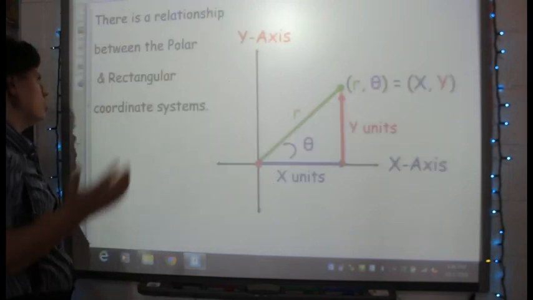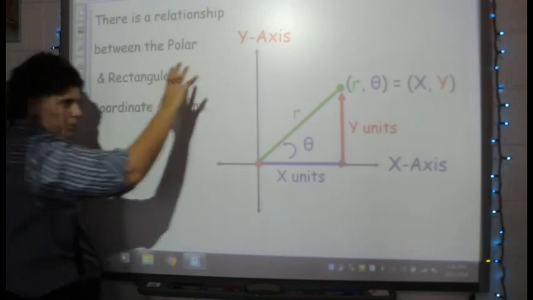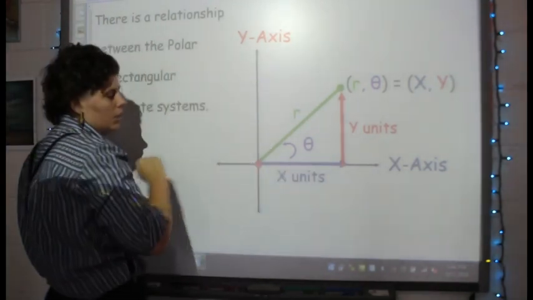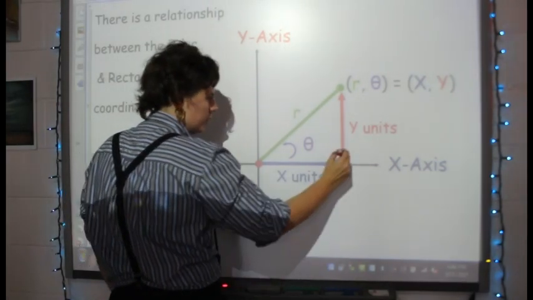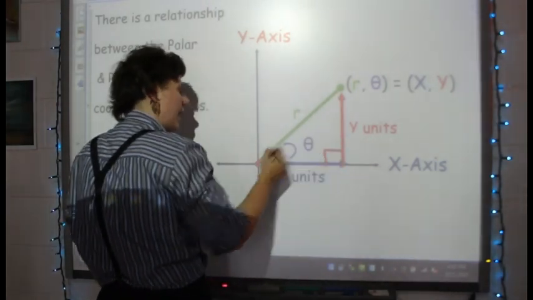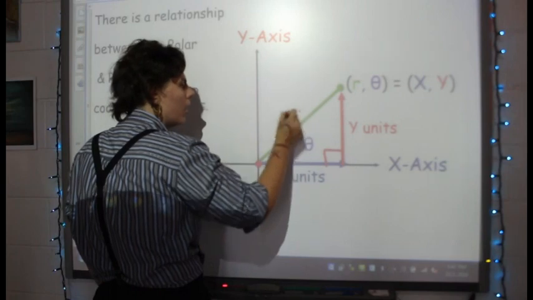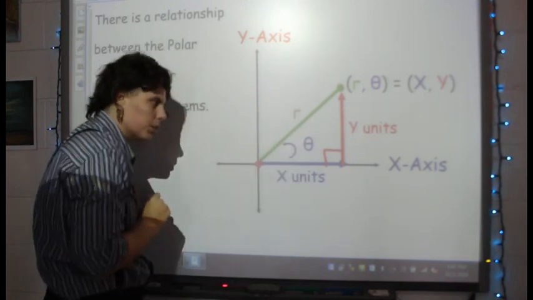So there's a relationship between the polar and the rectangular systems. They are similar, they go together. Notice for rectangular we have the x and then we have the y, and it makes a nice pretty right triangle here. And then we have our hypotenuse, or our r, our radius from the polar system.